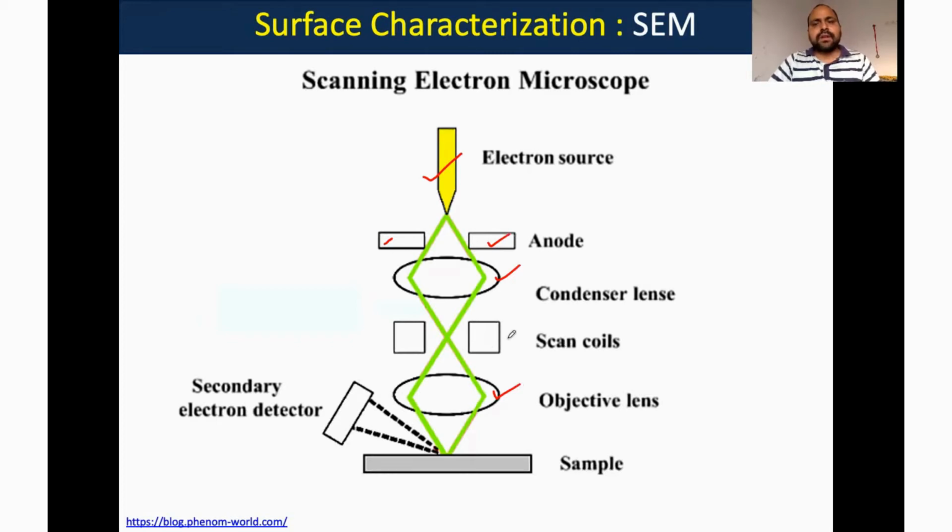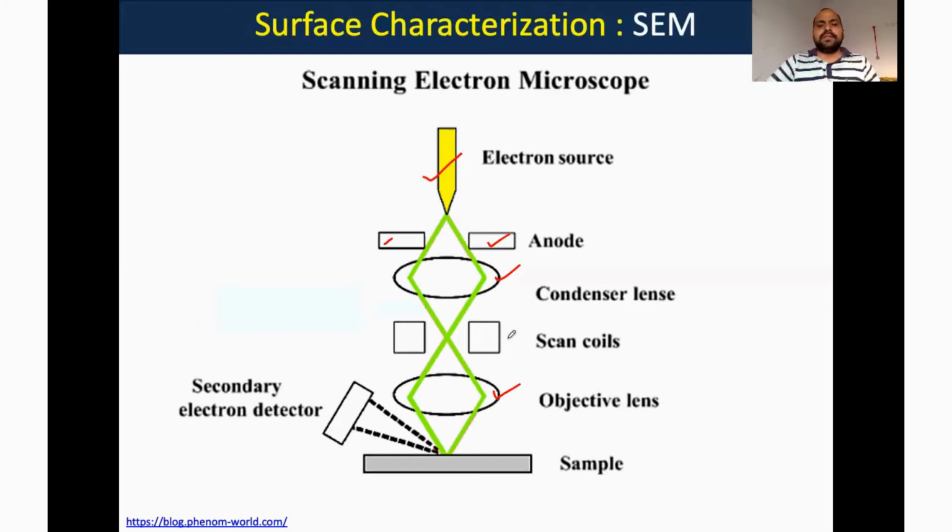Then since it is known as scanning electron microscope, what do we mean by scanning? Scanning means we are looking from one point to another point, and then we look at the entire surface. If you see my hand here, let's say we start with this point, go to this point, then come back down, like we are just scanning the entire surface.